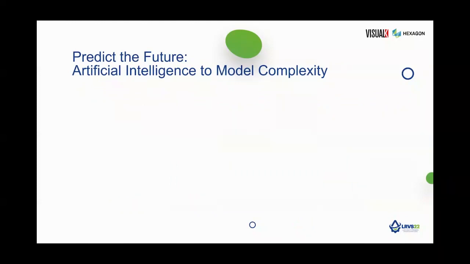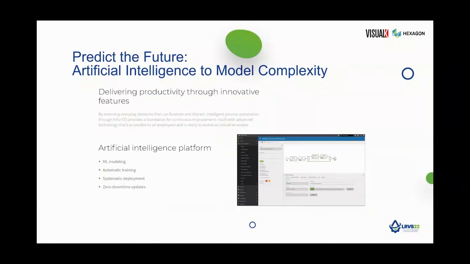Now, then moving into predicting the future, right? So we're looking at things like using artificial intelligence to model complexity, right? So there are different platforms out there. The point is that through artificial intelligence, through machine learning modeling, you can take your information and put it to work, right?